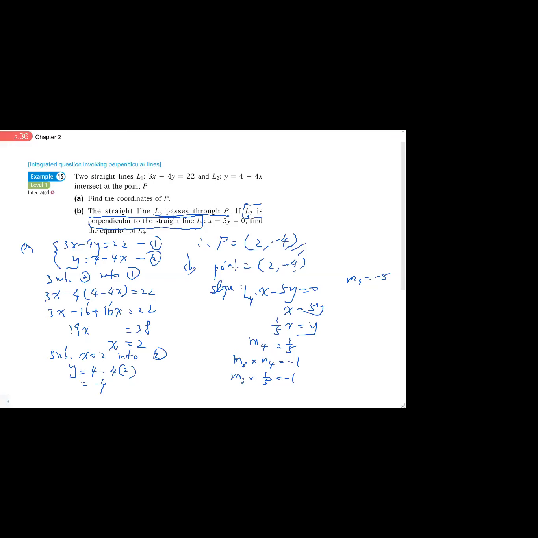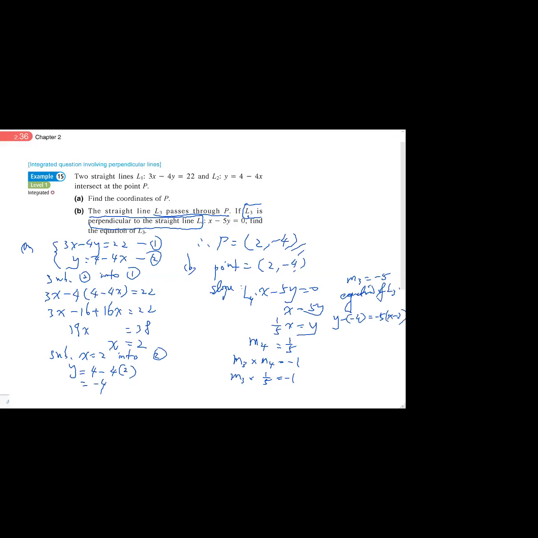Okay, so now we have a point for L3, and we have the slope of L3. And then we can write down the equation of L3 by using the point slope form. Y minus y1 equals m, that is -5, times x minus x1.